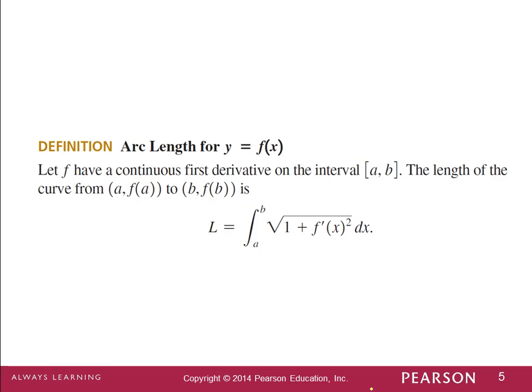That gives us our formula to find the length of any curve over some interval a to b. As long as our function is continuous and the first derivative is continuous, then we can find the length by taking this integral. It's going to give us some nasty integrals at times, but it's at least doable, if nothing else, with the help of a calculator.